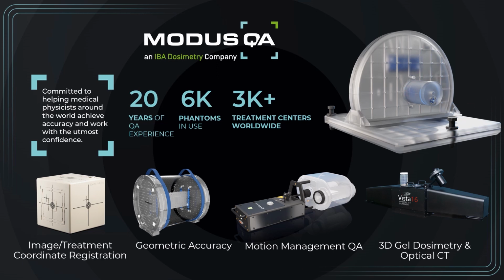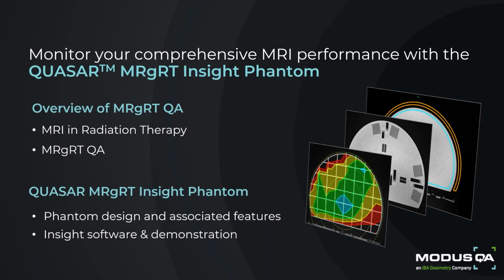Taking a quick look at our itinerary today, within this webinar, we will first go through a quick overview of MRgRT QA, where we will briefly touch upon MRI in radiation therapy, and with it, the considerations associated with the MRgRT QA process. Thereafter, we will move on to the actual QUASAR MRgRT Insight Phantom itself, focusing primarily on phantom design as well as its key features.